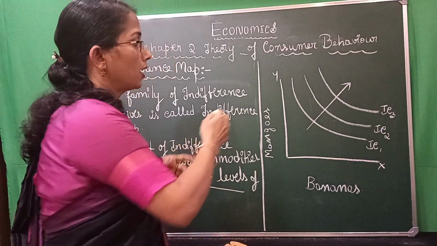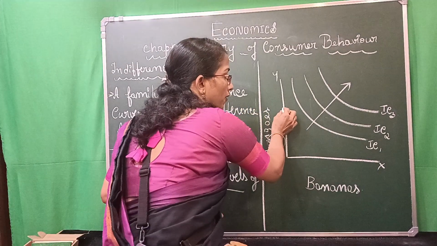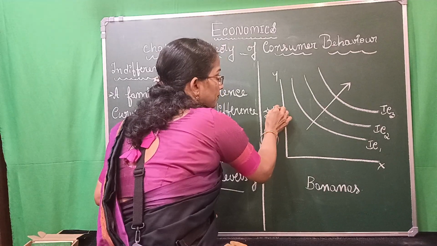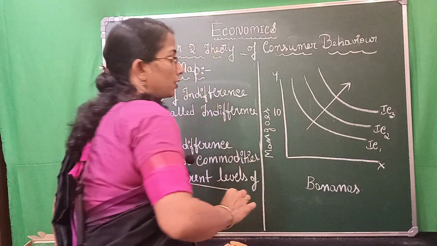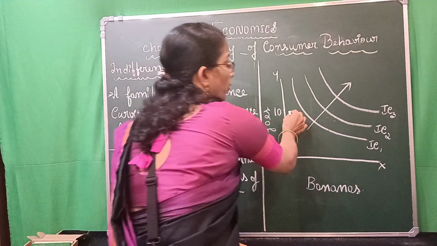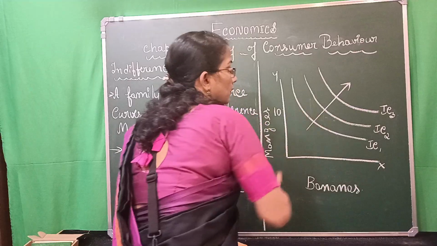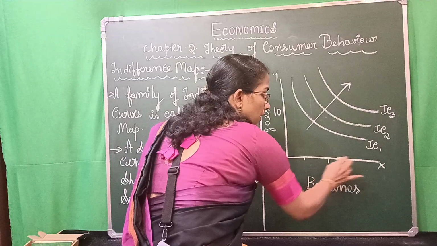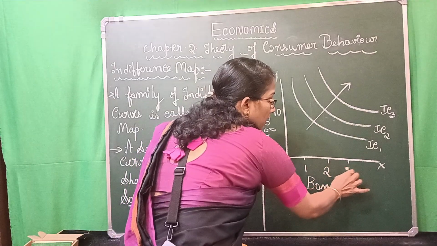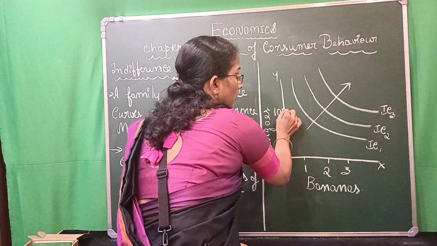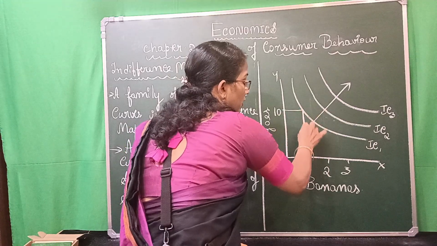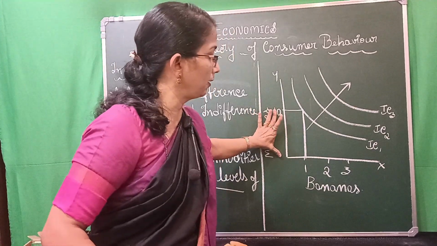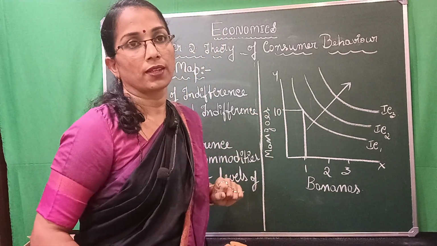Now let us understand this with the help of one example. Let us mark here 10 mangoes consumed by a consumer. Let us mark one particular point here. Suppose we mark this, see, the first indifference curve shows the person is consuming 10 mangoes and 1 banana.